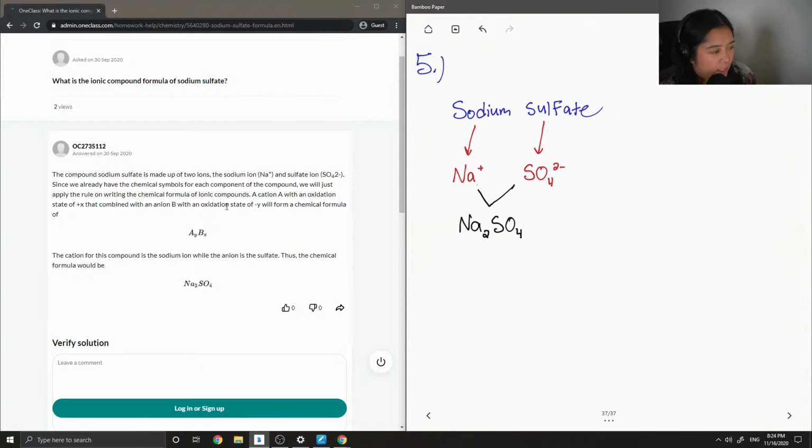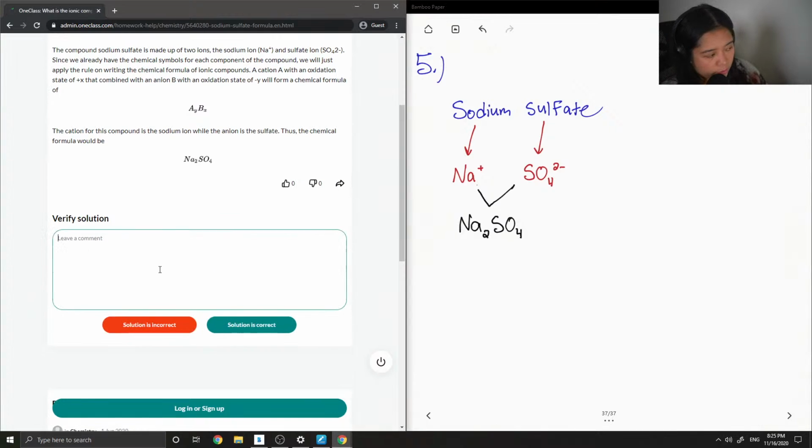A cation A with an oxidation state of +X that combined with an anion B with an oxidation state of -Y will form a chemical formula of AyBx. Cation for this compound is the sodium ion, while the anion is the sulfate. Thus, the chemical formula would be Na2SO4.